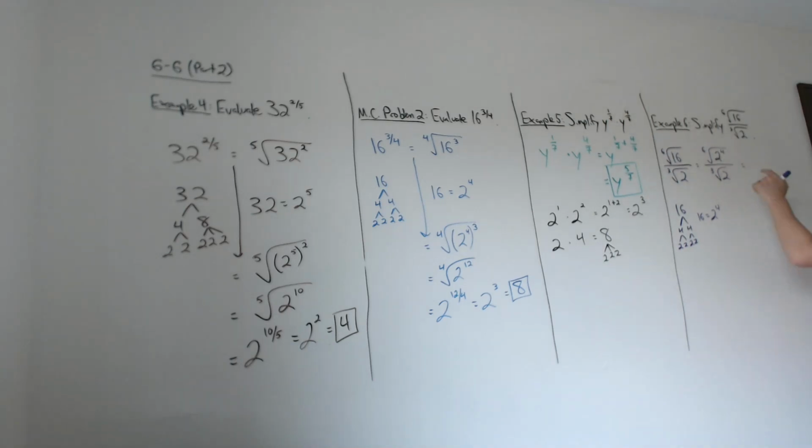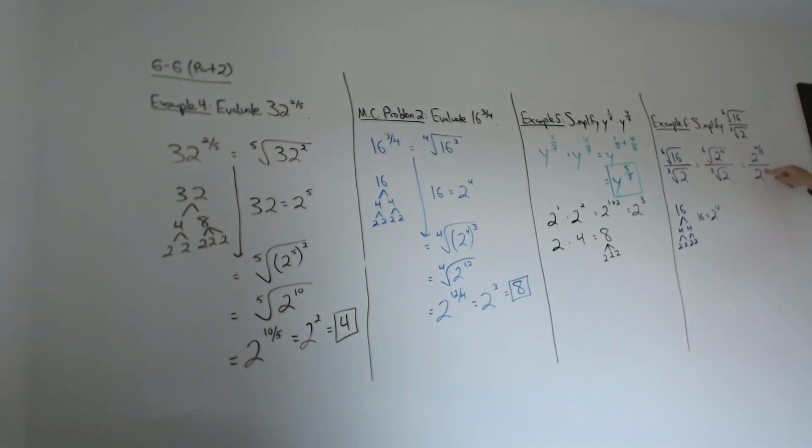So, if we want to write this in exponential form, on the top, we've got a base of 2. And this is going to be an exponent of some kind. It's going to be 4 over 6. So we've got 2 to the 4 over 6 power here. And then on the bottom, we've still got a base of 2.